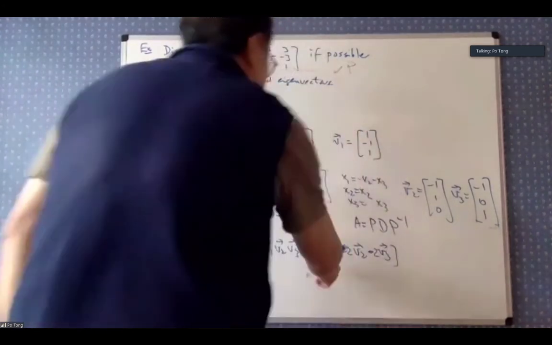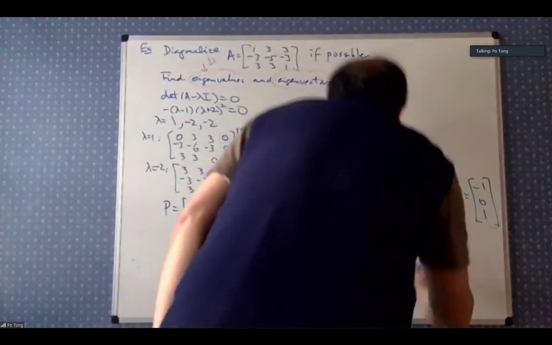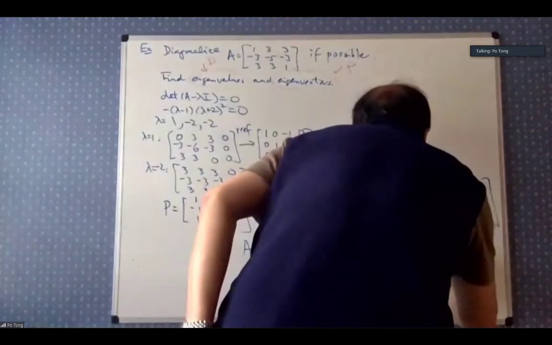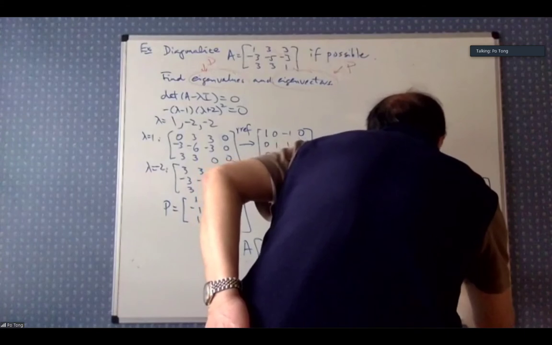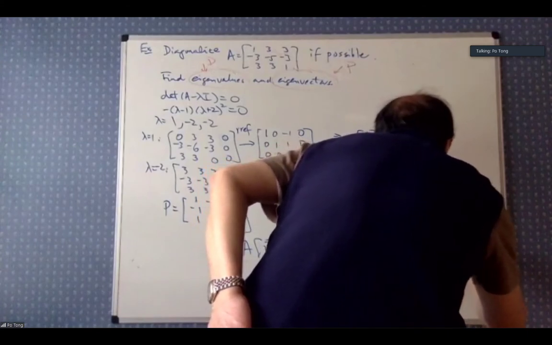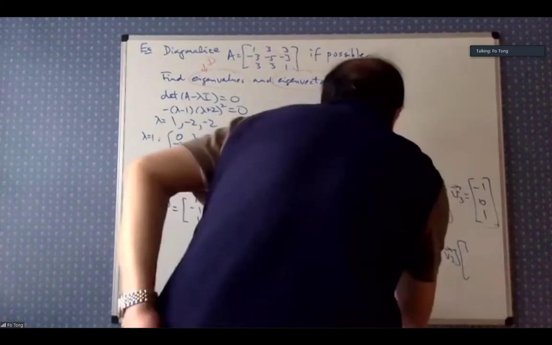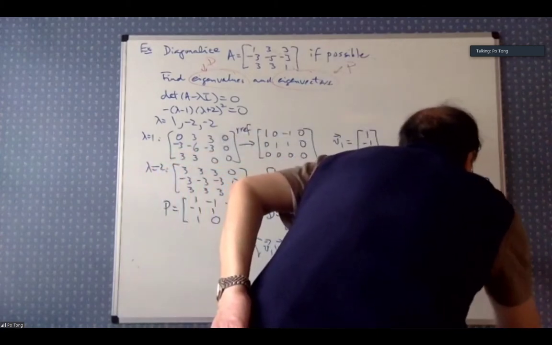This can be written as V1, V2, V3 times the diagonal matrix 1, minus 2, minus 2.